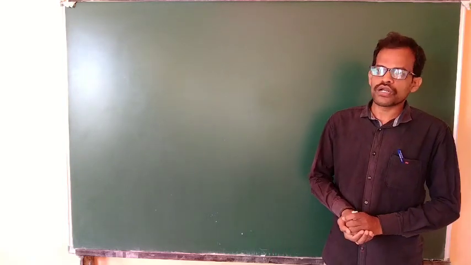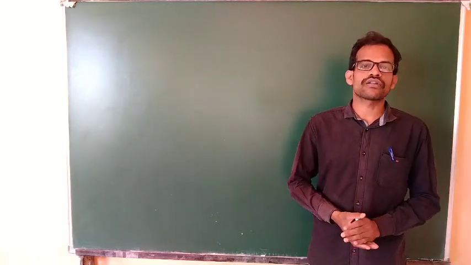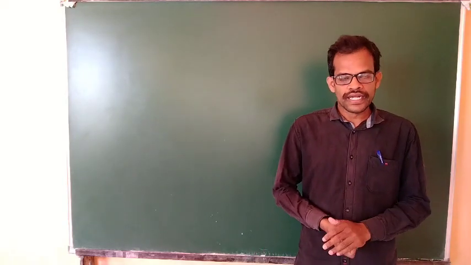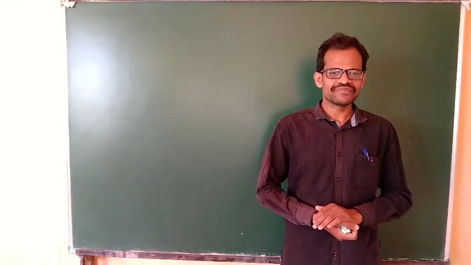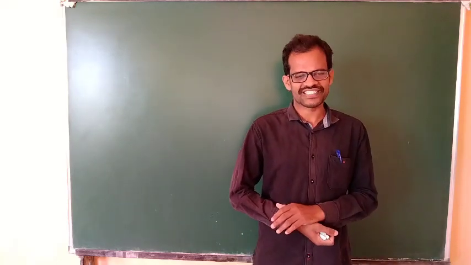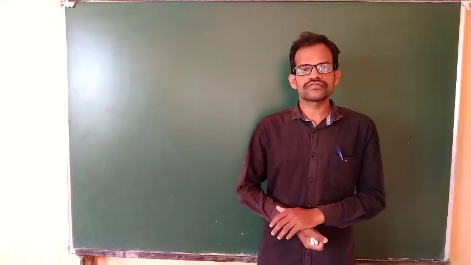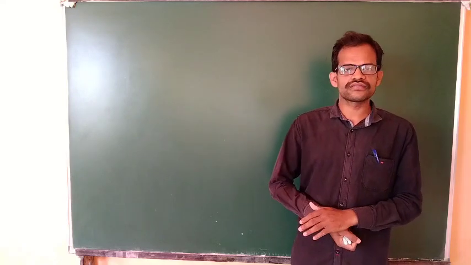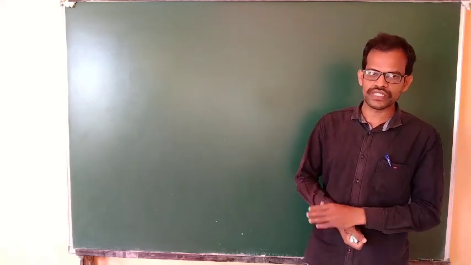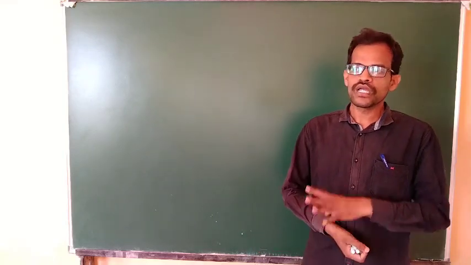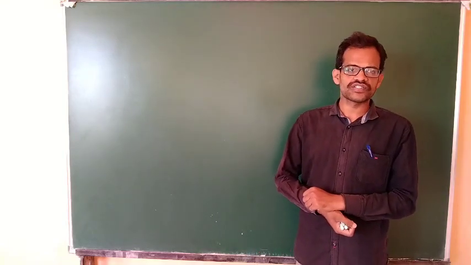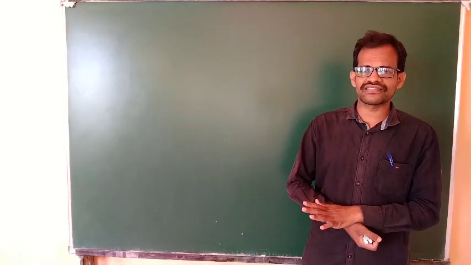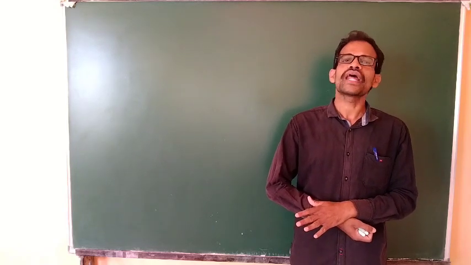We have already discussed the introduction to neural control and coordination, the human neural system and the division of its types. The third class covered the structure of the neuron. In the fourth class we discussed the types of neurons. This is the fifth class on neural control and coordination.